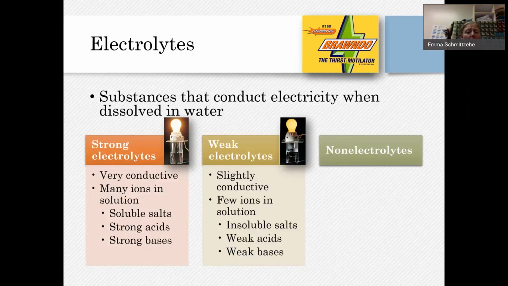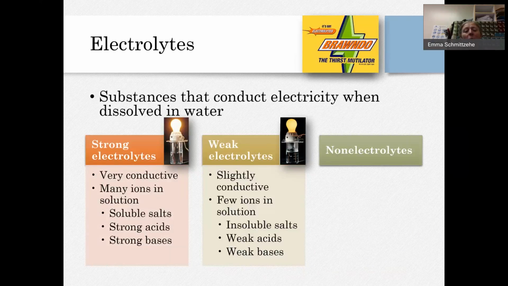Similarly, with your weak acids and weak bases, you put these compounds into water and a few of the molecules, or part of that sample, will release some ions, whereas the rest will remain as their neutral starting point. So those solutions just have a few ions.